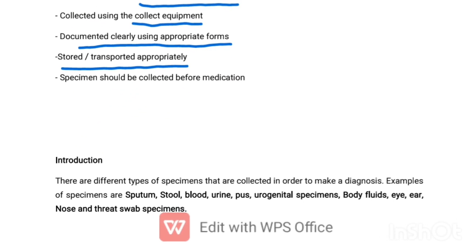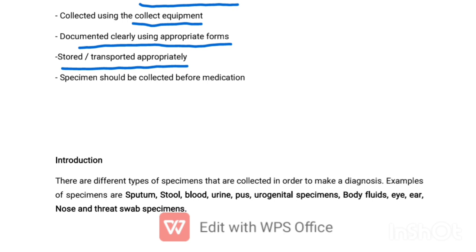That medicine can hide the organism such that at the time of collecting the sample, we may end up having a false result. So make sure when collecting the sample, no medication is being taken. Okay, so this is how it should be done.